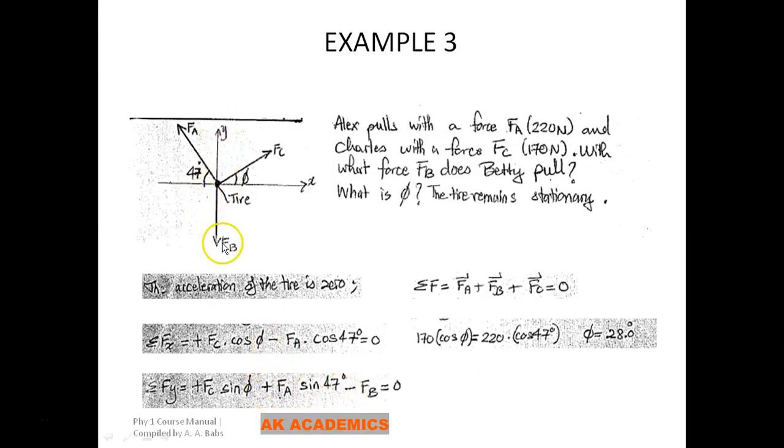In this case, our Fb is not 0 because Fb is directly vertical, and since we are trying to evaluate vertical forces, Fb automatically becomes minus Fb. If you like, you can say minus Fb sine 90. We do know that sine 90 is 1, and 1 multiplied by Fb will give us Fb. Why do we have minus here? We have minus here because Fb is on the negative y-axis.